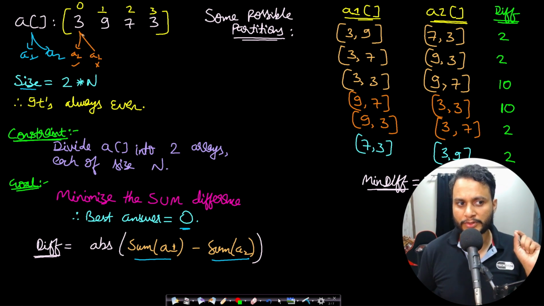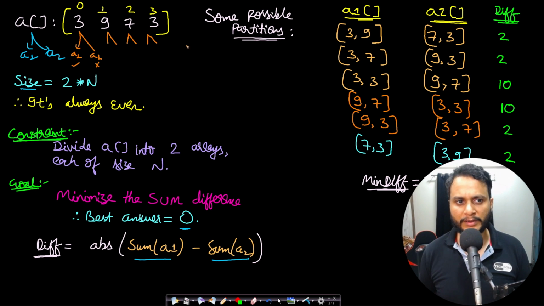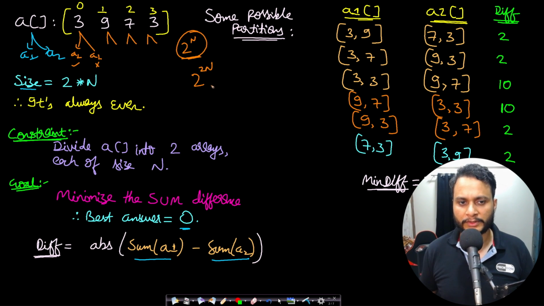So if an item is not included into A1, it will by default be included into A2. This is how we also solve the 0-1 knapsack problems as well, right? So each of the items have two choices. If you have n number of items, you will have 2 to the power n number of choices. Here you have 2n number of items, so you will have 2 to the power 2n choices.